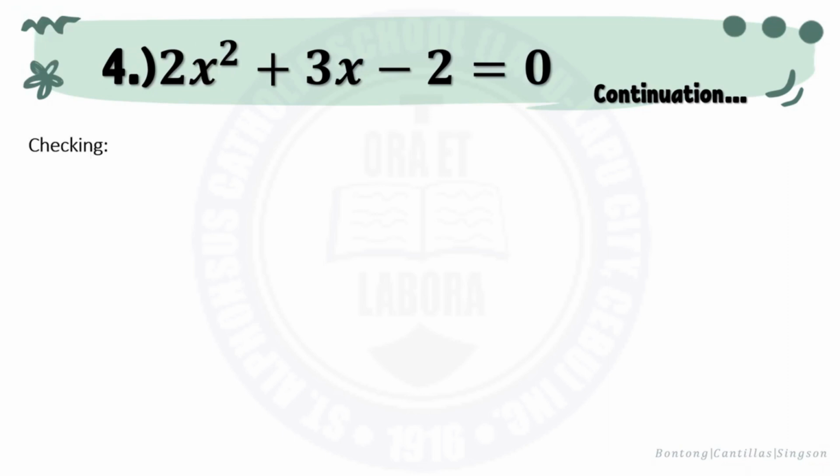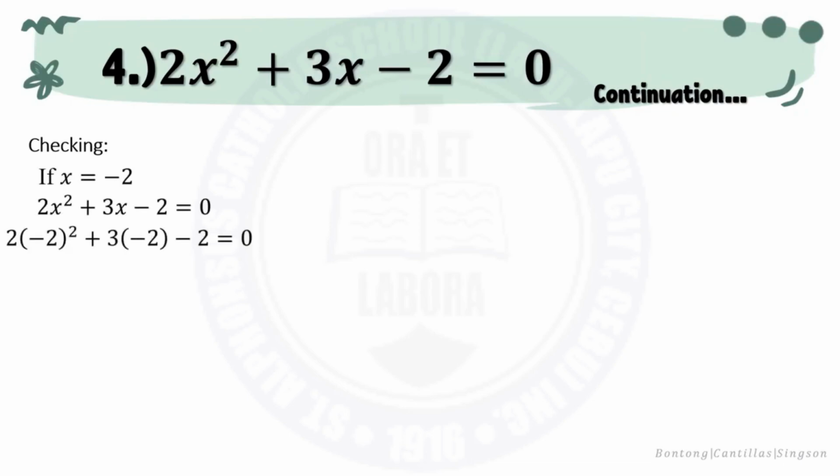Next, checking. In checking, remember to use the values of x in substituting to the given. So if x is negative 2, write the given, substitute the value of your x. So you have 2 times quantity negative 2 squared plus 3 times negative 2 minus 2. Remember to perform the PEMDAS.